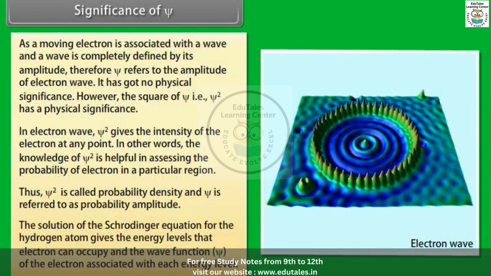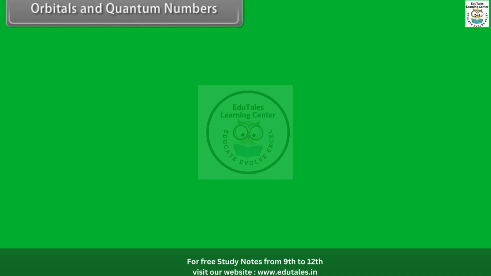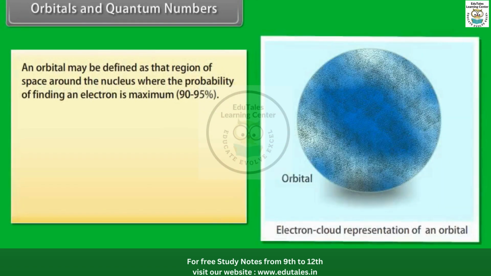The solution of the Schrödinger equation for the hydrogen atom gives the energy levels that the electron can occupy and the wave function of the electron associated with each energy level. Orbitals and quantum numbers. An orbital may be defined as that region of space around the nucleus where the probability of finding an electron is maximum.